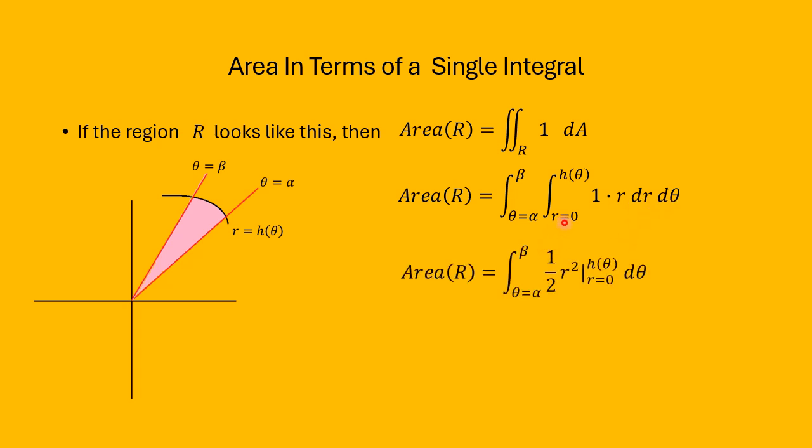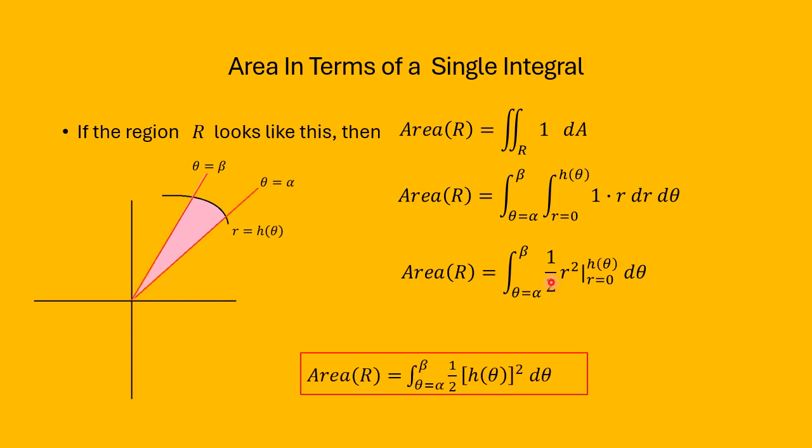So we look at this and we're integrating r dr, and so let's just use the fundamental theorem of calculus. This inside integral then is an antiderivative of r, which is 1/2 r squared, and into that we evaluate it at r equals 0 to h of theta and subtract. So let's see what happens if we do that.